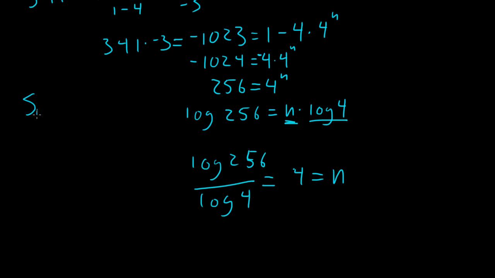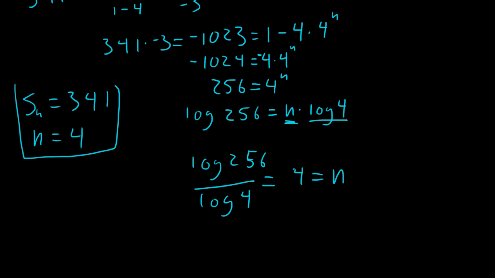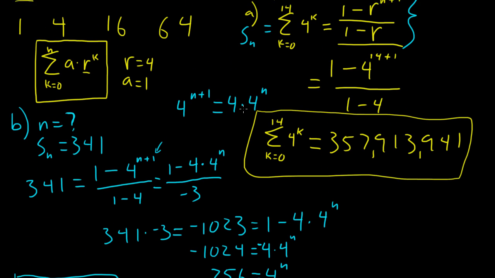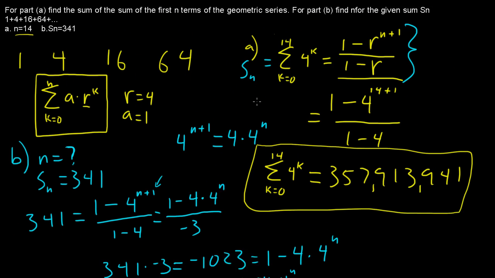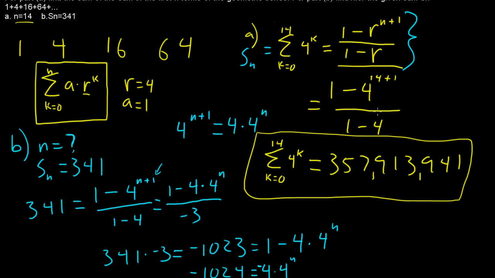So S sub n is equal to 341 when n equals 4. If you want, you can plug this back into the equation we have up here, where n is equal to 4, and test out that problem.